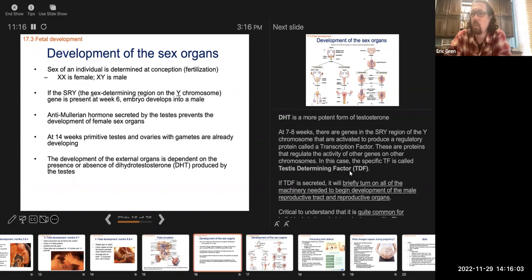That window of time closed, and TDF didn't turn on those cellular mechanisms that lead to development of the male system, and so we have development of the default, which is the female system. This is pretty common.